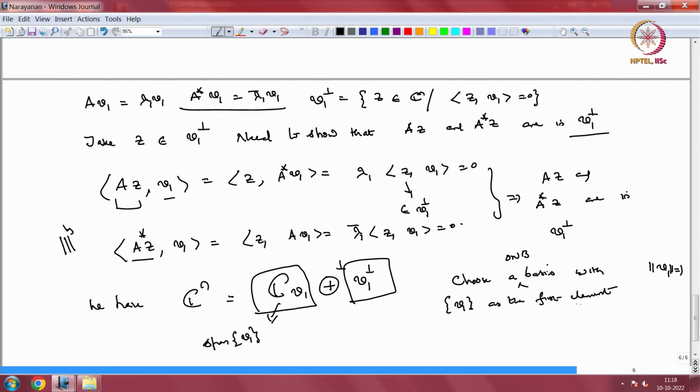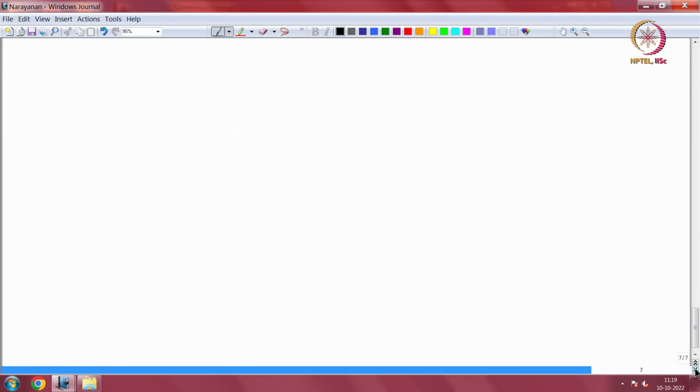If you choose an orthonormal basis, let us call that script B, then the matrix for A with respect to the new basis B will look like this.